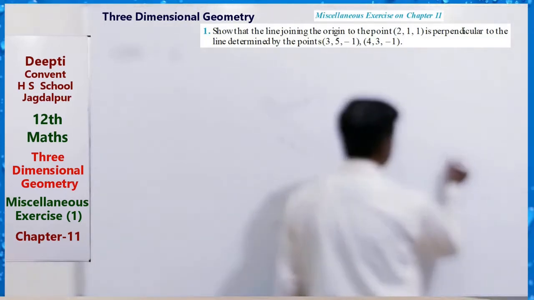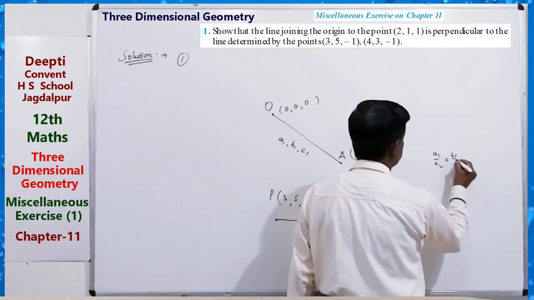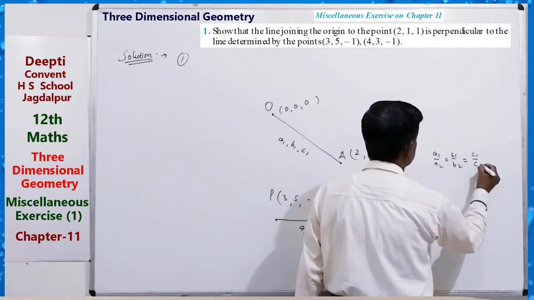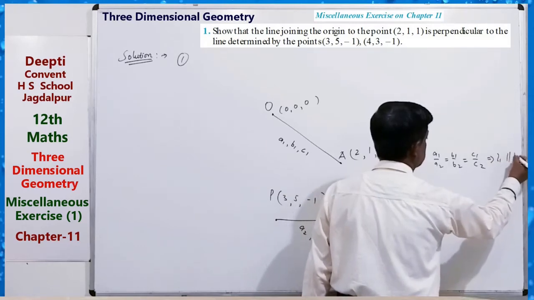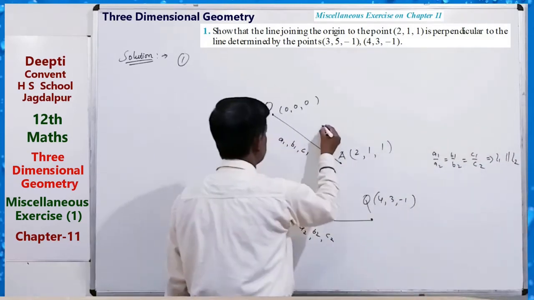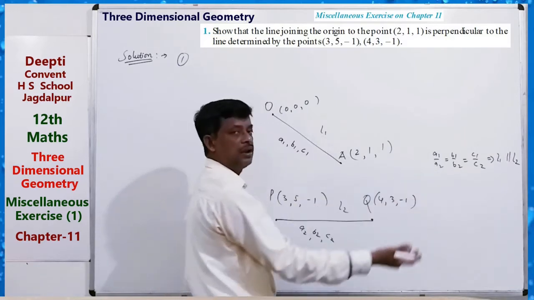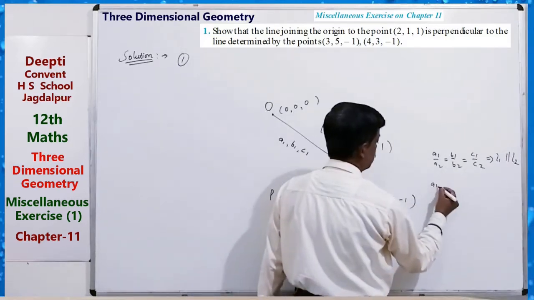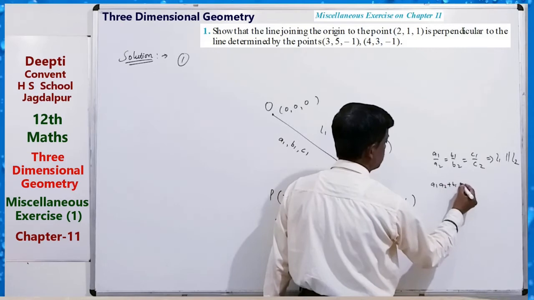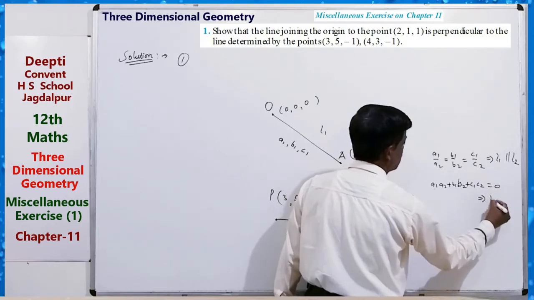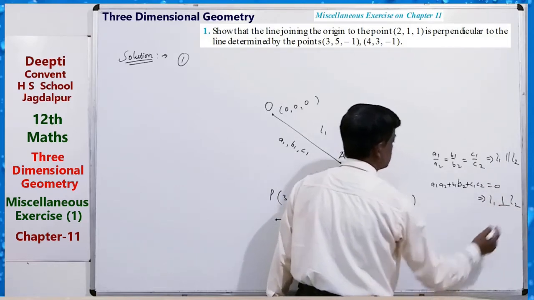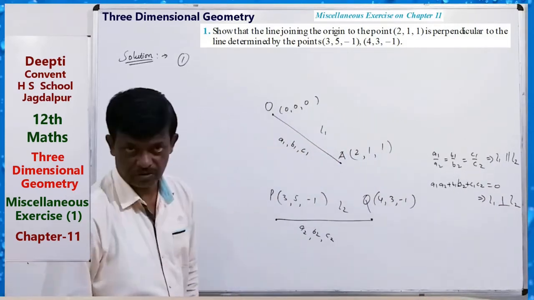If A1 by A2 equals B1 by B2 equals C1 by C2, the lines are parallel. This is line L1, this is line L2. If A1 A2 plus B1 B2 plus C1 C2 equals 0, then L1 is perpendicular to L2. Here we just have to show perpendicularity.